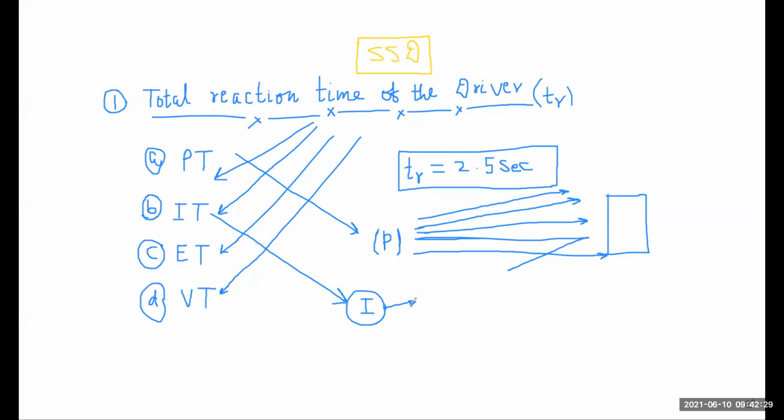After seeing the object, the driver sends a signal. He says he sees a cow, then the brain observes that the cow is ahead. So this time is known as intellection time. It is the time required by the driver to understand the situation. He understands that a cow is ahead, a dog is ahead, a tree is falling ahead, or a person has met with an accident on the road ahead. So it is the time required for comparing different thoughts, regrouping, and registering new sensations.